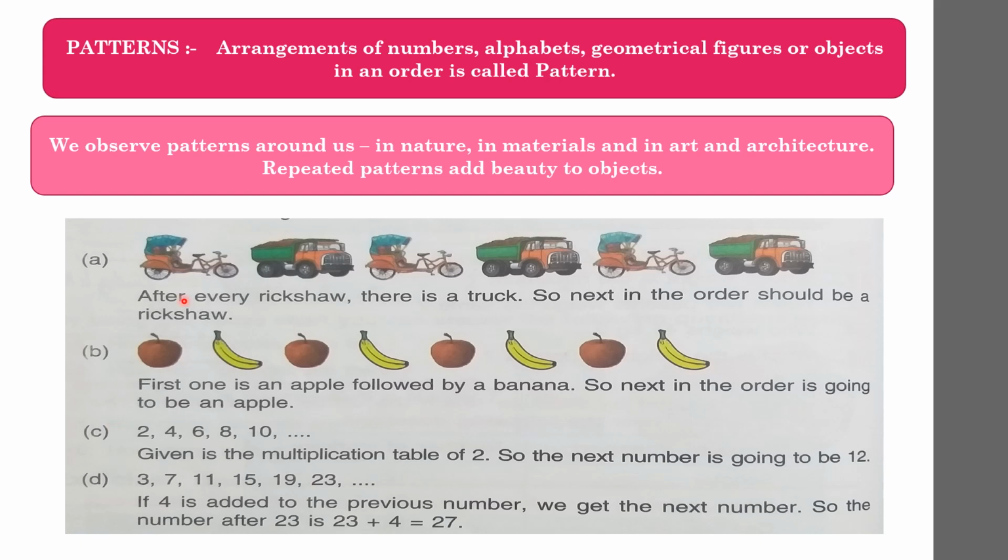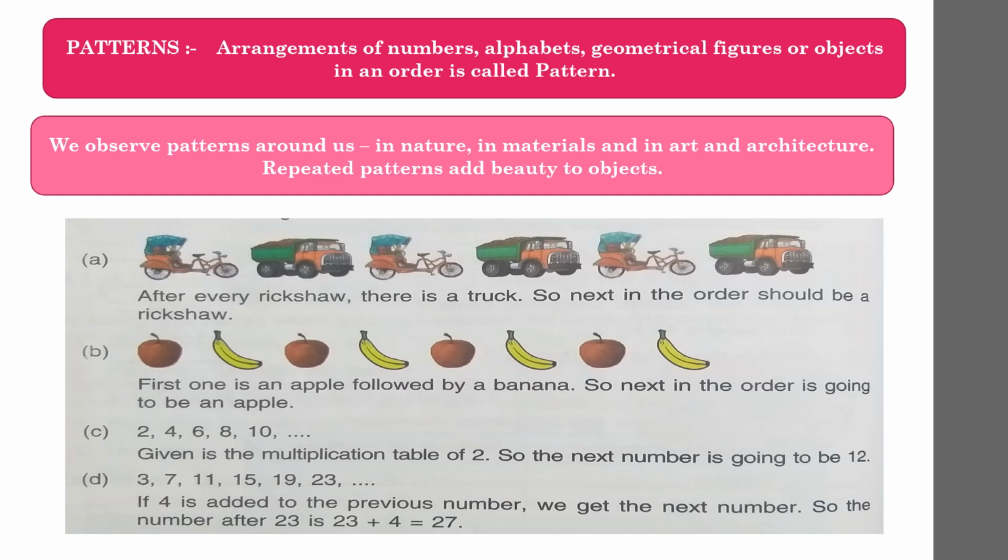So in first example A, you see here a rickshaw, then a truck, again a rickshaw, a truck, rickshaw and truck. So an arrangement of objects. This arrangement of objects is called a pattern.